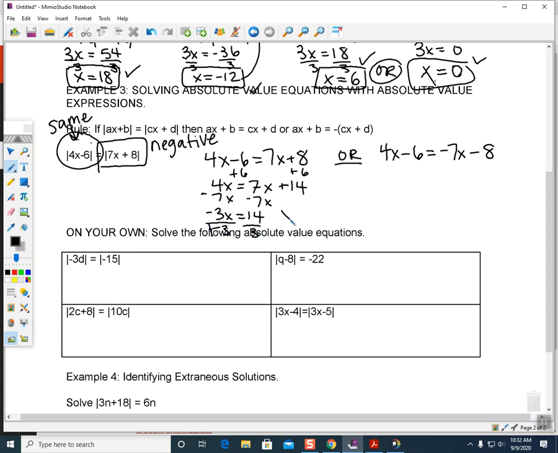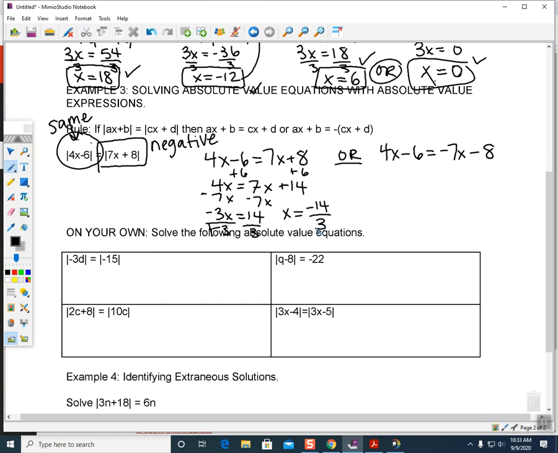That means then that my x is going to equal negative 14 over 3.